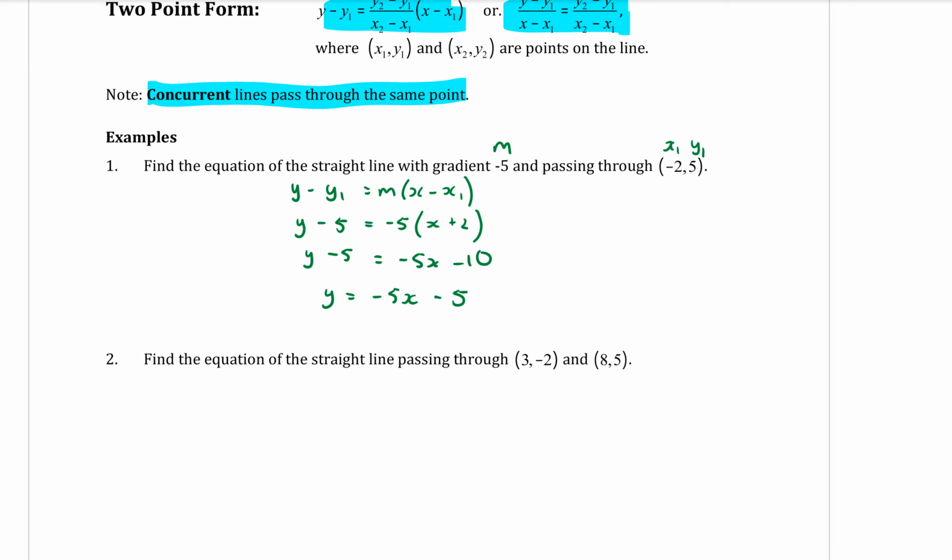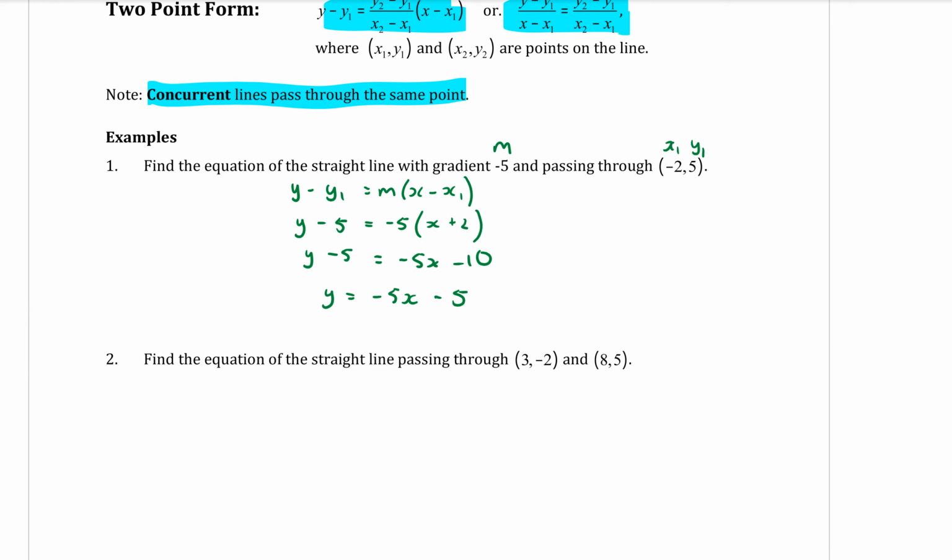Okay. Question 2, find the equation of the straight line passing through, and I have 2 points. So we can use the 2-point formula. Are we brave enough to use the 2-point formula, or would you like to do it in chunks? 2-point formula. All right, here we go.